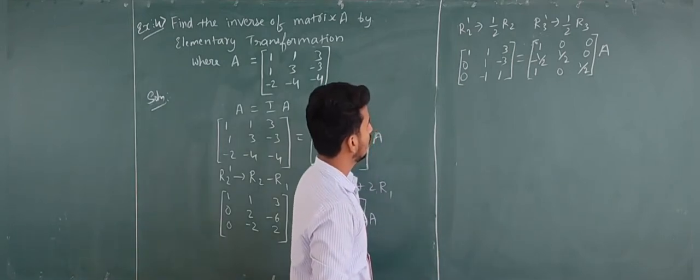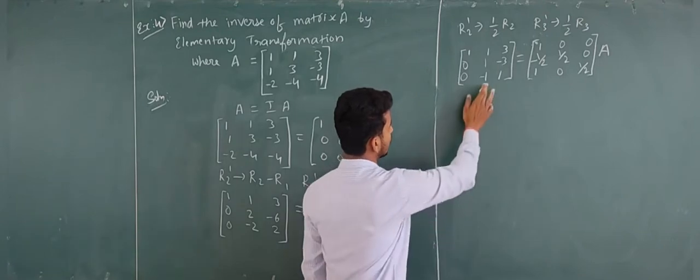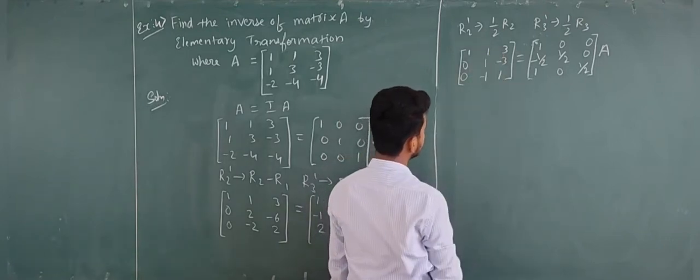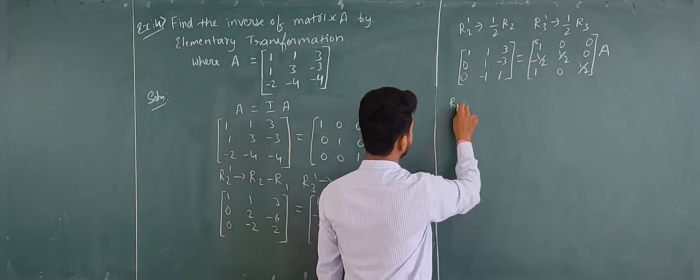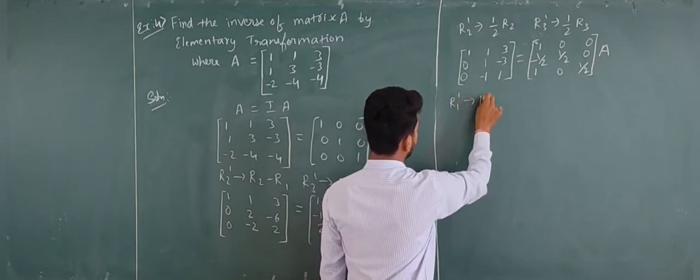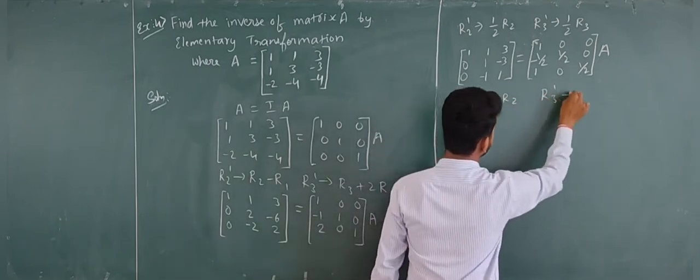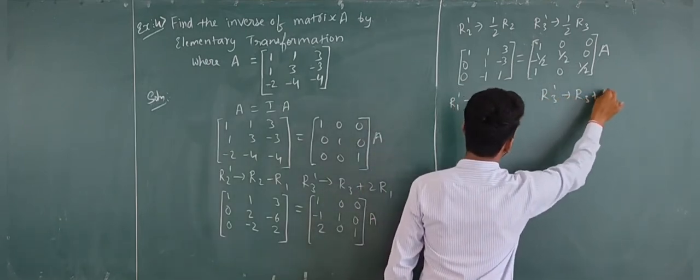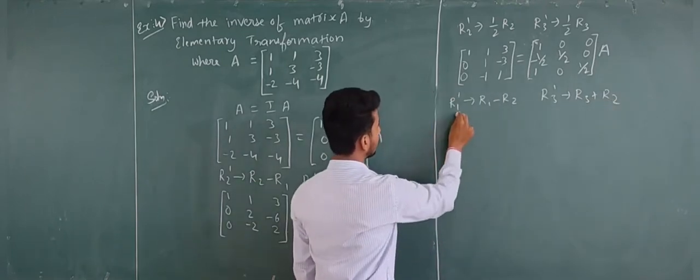Now what we have to do here is make this term 0 and this term 0. So we will make use of the second row. R1 dash changes to R1 minus R2, and R3 dash changes to R3 plus R2.